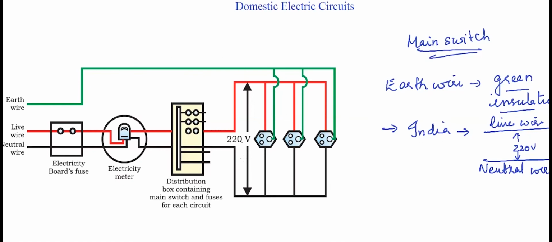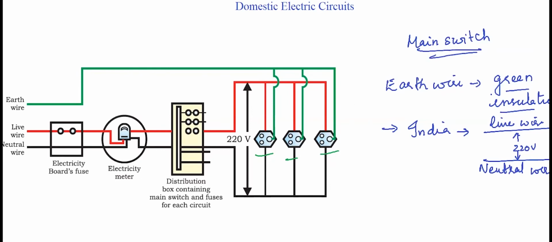Every appliance is connected parallel to the live wire and neutral wire. We can see each of these plugs, and to these plugs we can connect the appliances, or we can even connect switches.